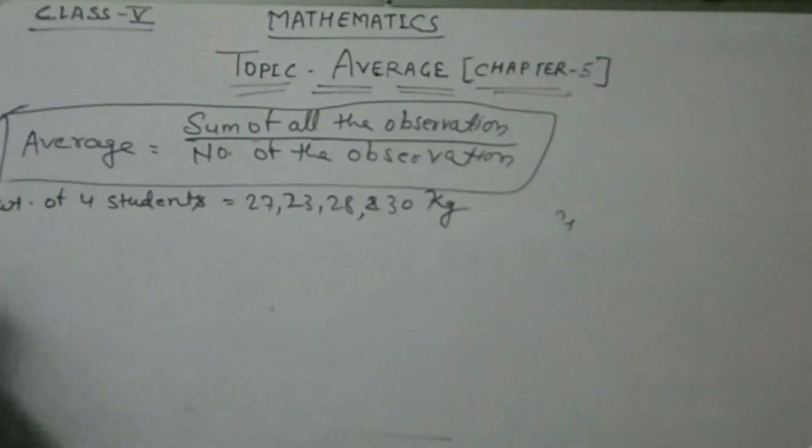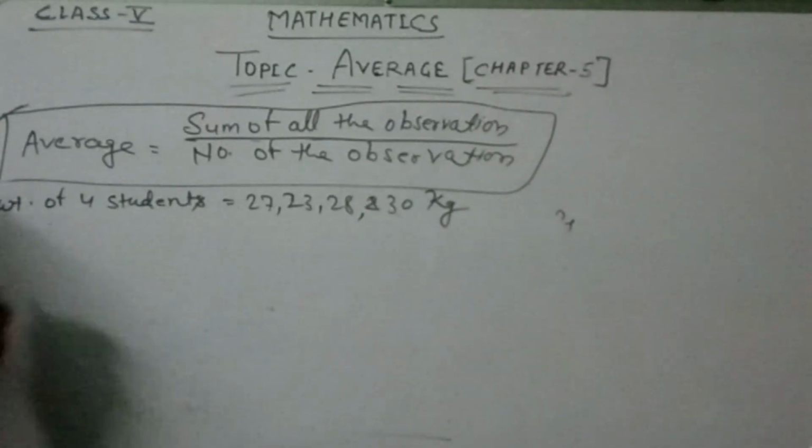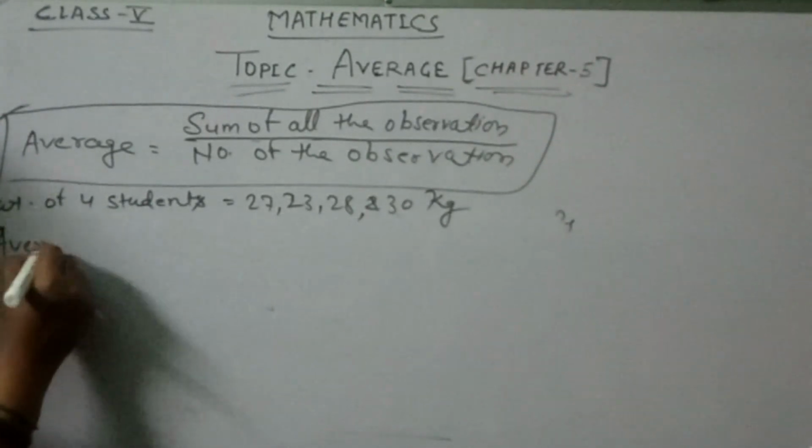The weights of 4 students of class 4 are given here. Then you have to find the average weight. What is the average weight? We have to find the single number. How? For average, you have to write the formula.